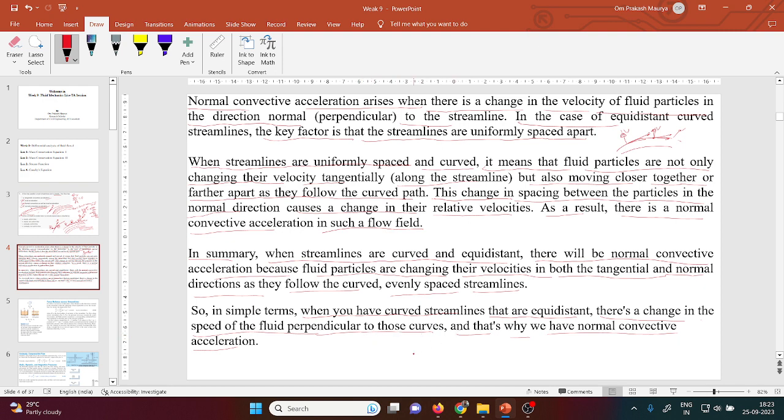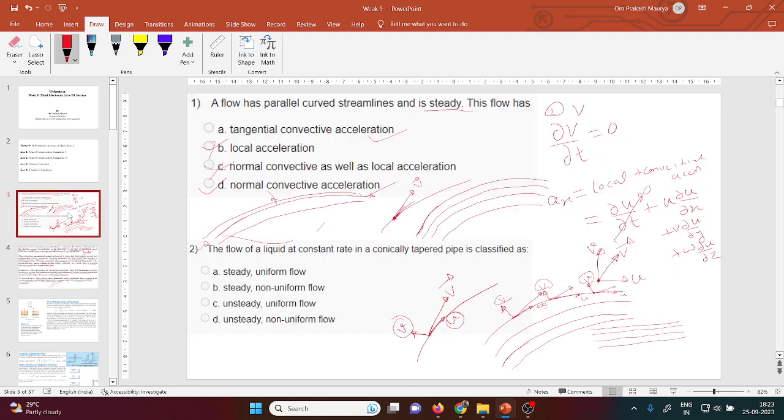Whatever the curve is here, let's say I want to draw the curve. So I understand why there is a normal component of acceleration, but actually the horizontal component of velocity is also changing, isn't it? When we take different points, the u will be different. Horizontal velocity u will be different, isn't it?